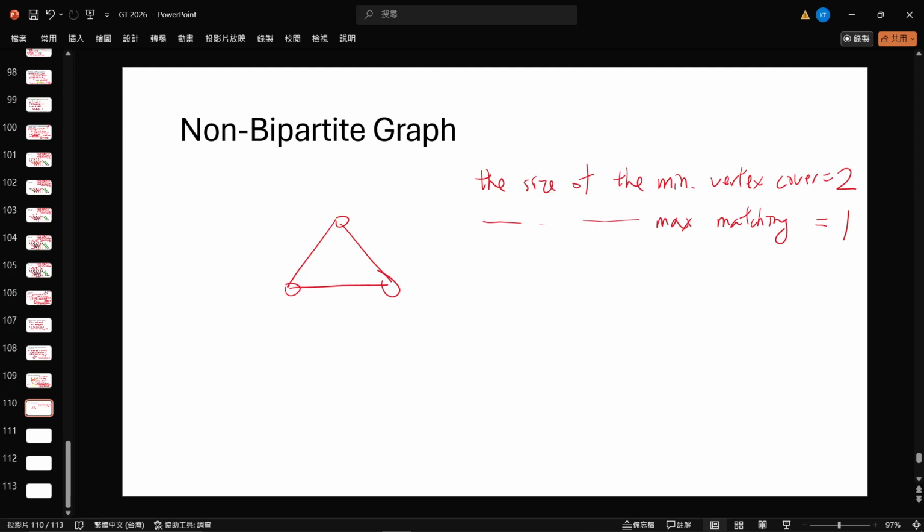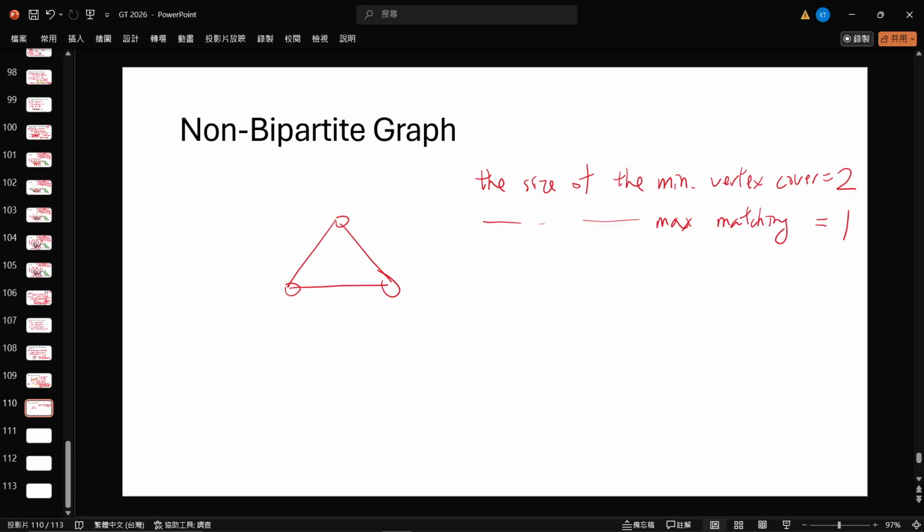So if the graph is not a bipartite graph, then the size of the smallest vertex cover can be greater than the size of the matching. So the plan fails if it is not a bipartite graph.